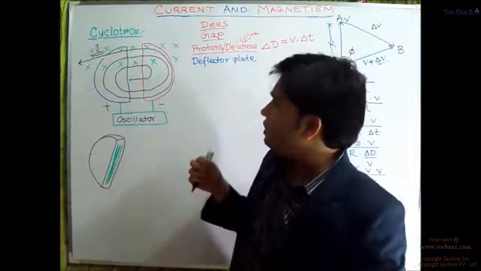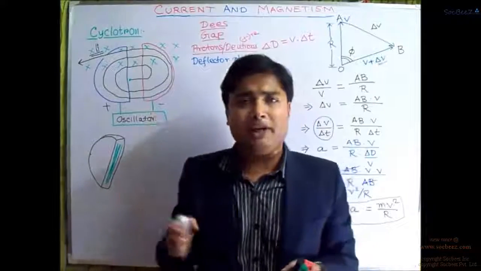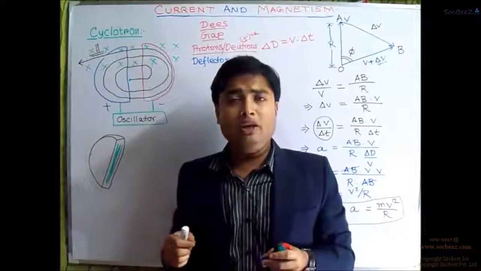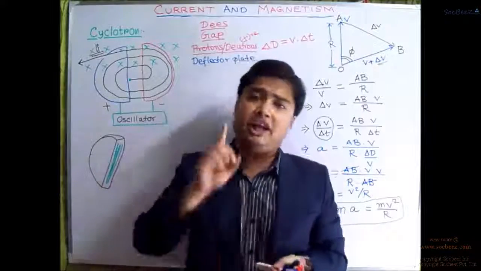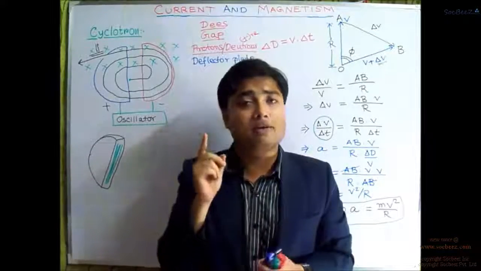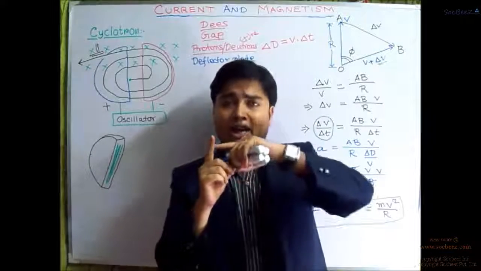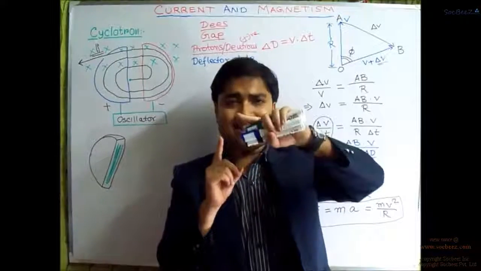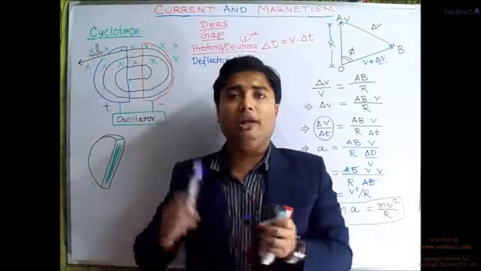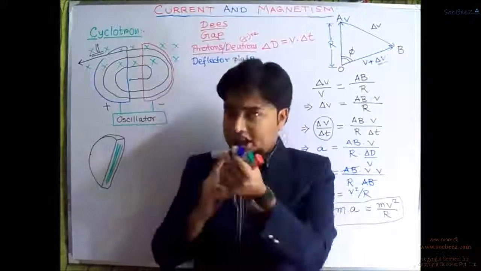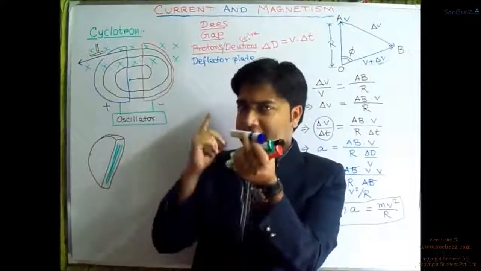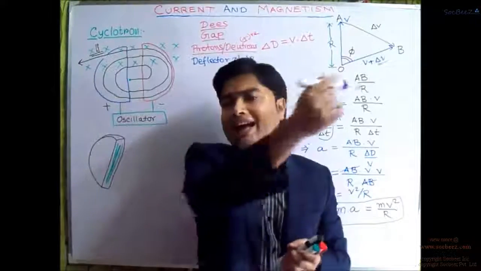Now, a revolving particle is like when I am revolving a keychain on my finger. If the keychain suddenly detaches from my finger, obviously it will not keep rotating and then fall. From the position where it has been detached, it will fly off tangentially.